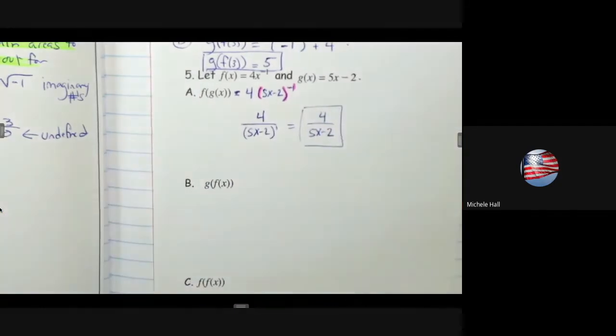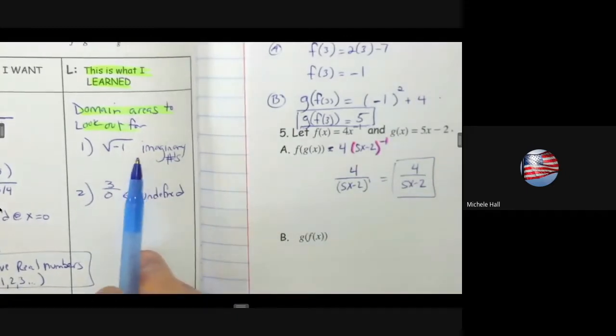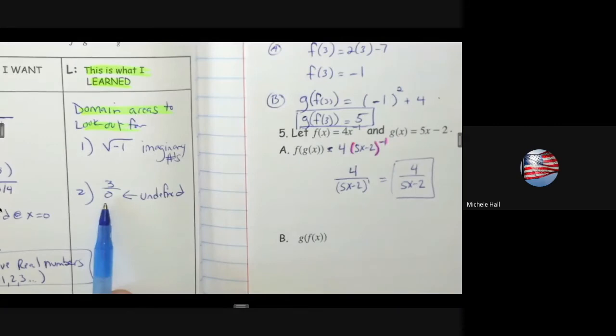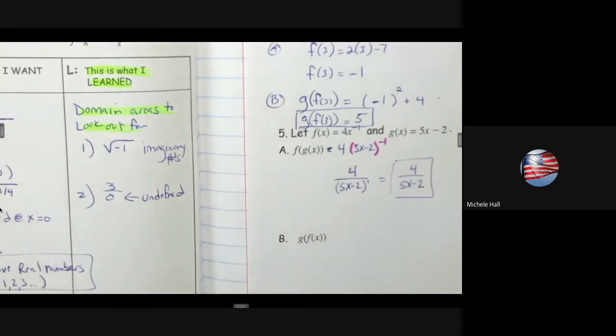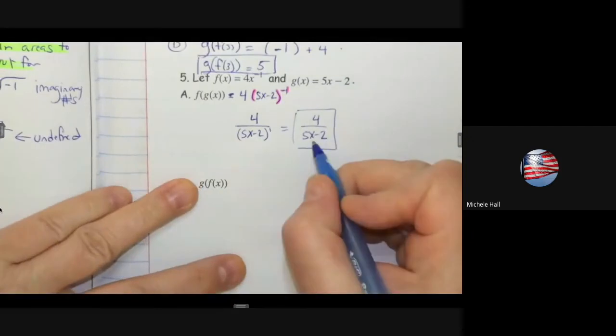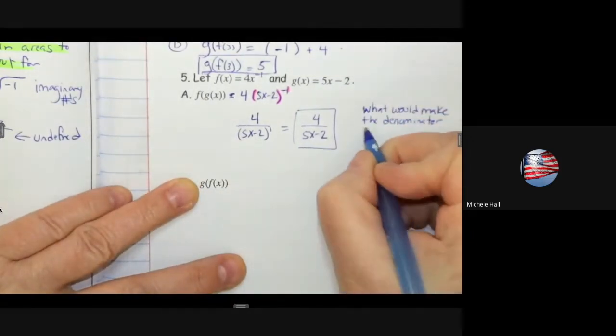Now, when we're thinking about the domain, there's only 2 areas we need to watch out for. Do we have a possibility of imaginary numbers here? Do we have a possibility of getting an undefined function if we have 0 in the denominator? The question is, what would make the denominator 0?